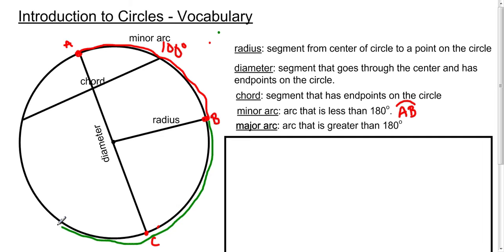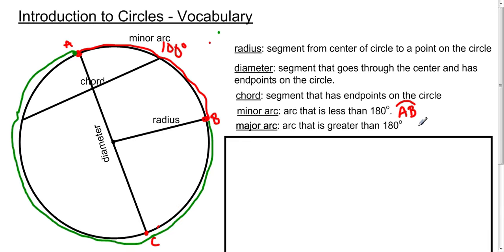There we go. So this would be from B to A, and you could even stop here. This looks like it's probably a little more than 180, but any arc that's bigger than 180 degrees would be a major arc. So this one goes from B to C to A.